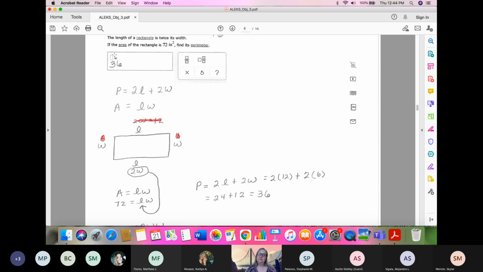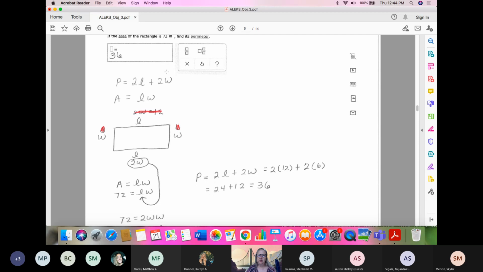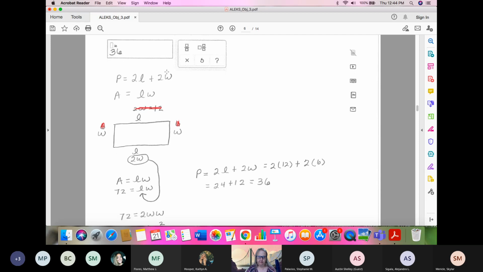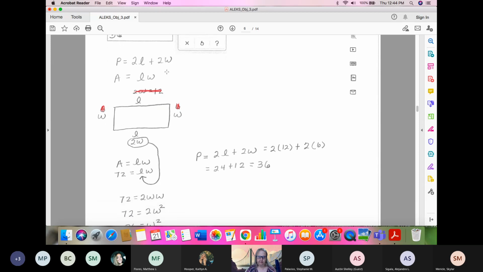The next piece of information we have is that the area of the rectangle is 72 inches squared. So I copied down the area formula here so we could see it close by. The area is 72 inches squared, so I took out the A representing the area and put in 72.